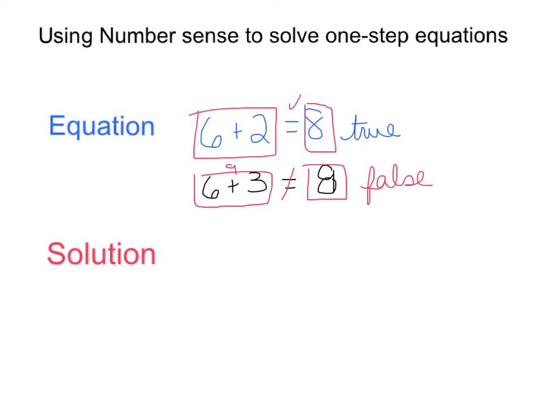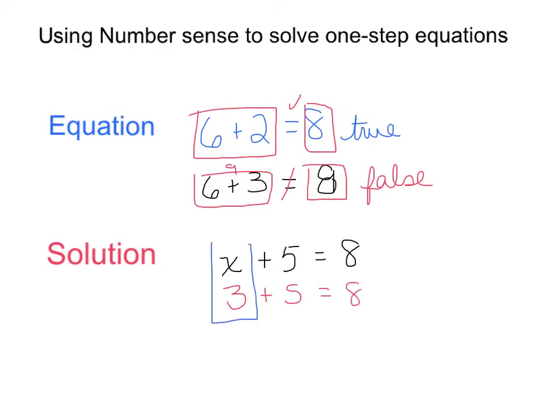Many times, equations will have a variable. So I might say x plus 5 equals 8. This is like thinking in my head, what plus 5 equals 8. If I use mental math, I can say 3 plus 5 would equal 8.